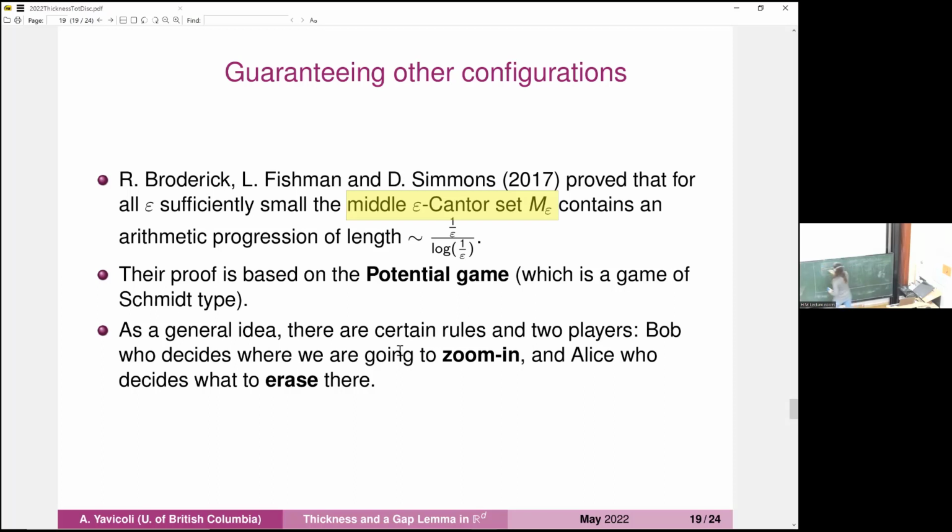Let's say that we have the middle third Cantor set, and Bob decides where we are going to zoom in, and then Alice decides what we are going to erase there. So for example, if Bob starts with this ball, Alice can erase an interval of proportion a third of what Bob played. So she can erase, for example, this one.